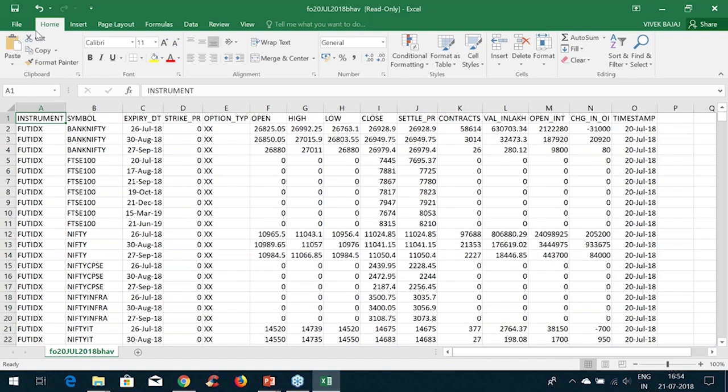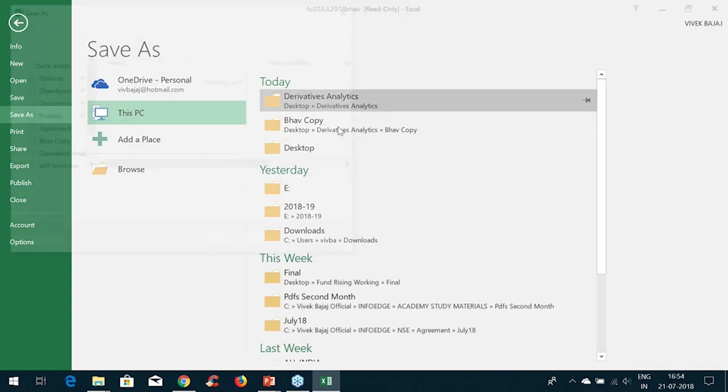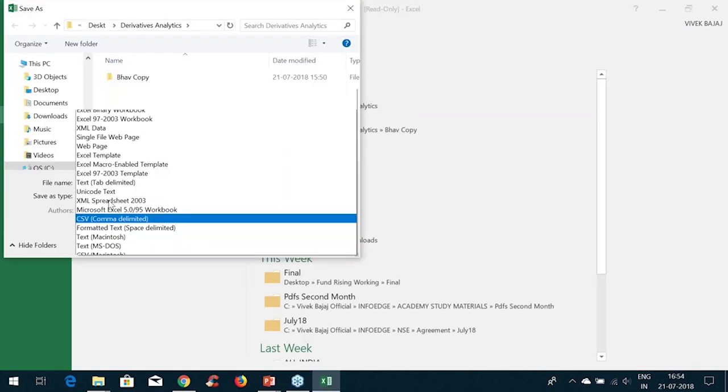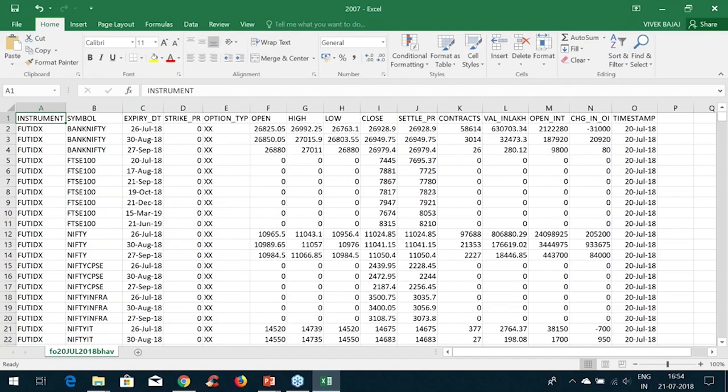You can actually save this. Let me save this as an Excel workbook and give it the date. So I have saved this Excel on my computer as a derivative Bhav copy. I've given it a date of 20th of July.